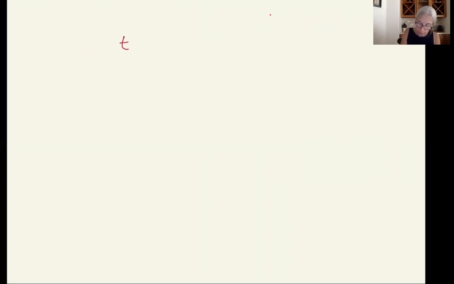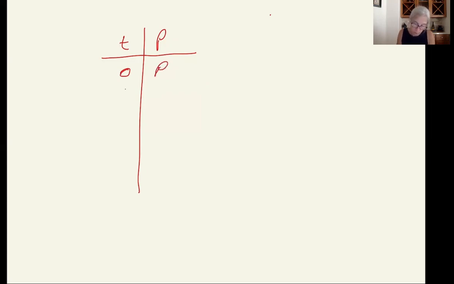So I have T for the number of years and P for the population. In year 0, I have some number. It doesn't really matter what that number is. I'm just going to call it P. 1 year later, I'll have some more. 2, 3, 4, 5, all the way down to 15.